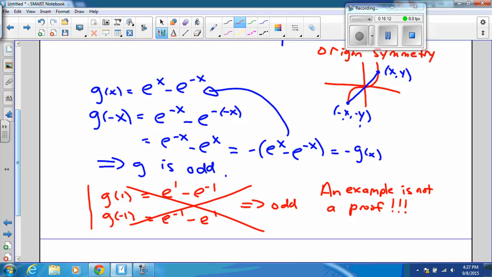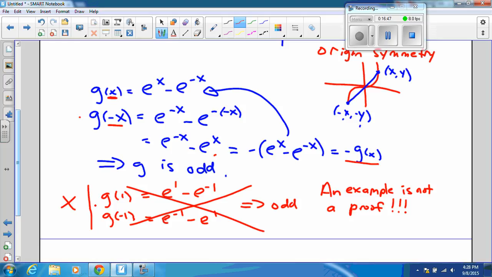So instead, I need to do it abstractly by letting x represent any possible number. And when I let x represent any possible number, and I test g of negative x and find out that it's negative g of x, then I have shown that g of x is an odd function. So this has to be done with x as any possible number. It cannot be done with a single example, or even two, or three.